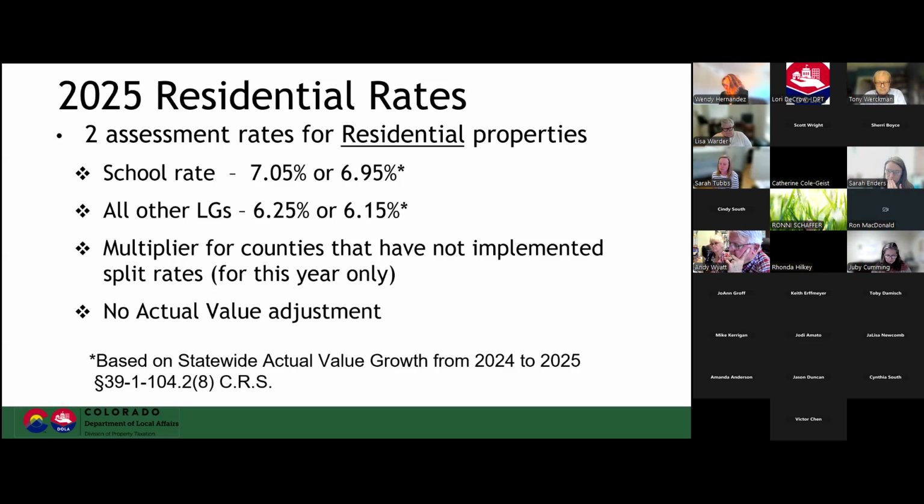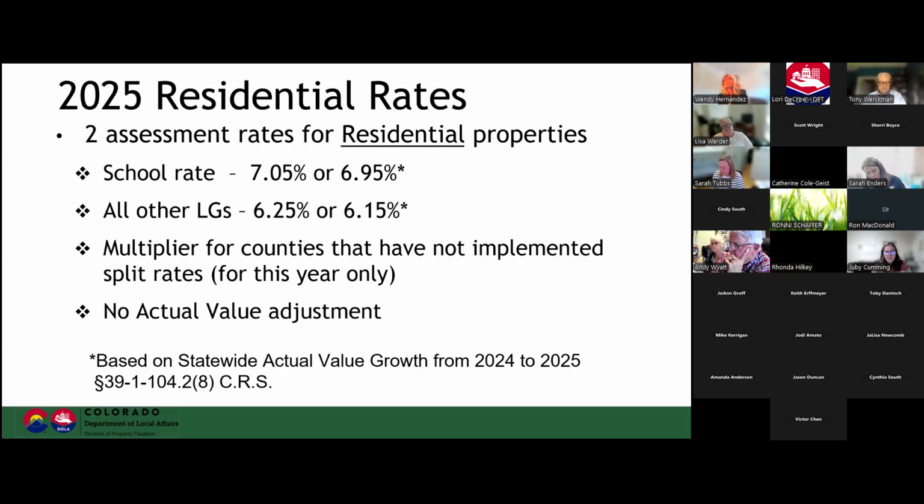If the growth goes above the 5%, the state board will adjust the local government rate to the 6.15. We'll be able to get that idea much more exactly because we'll have all of your abstracts by August 25th, so we'll know what that value growth was. The school rate will still be at 7.05.